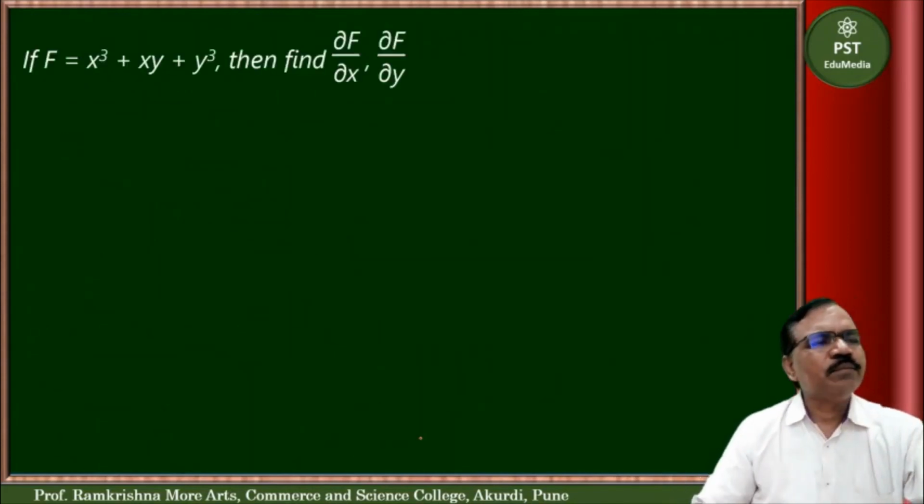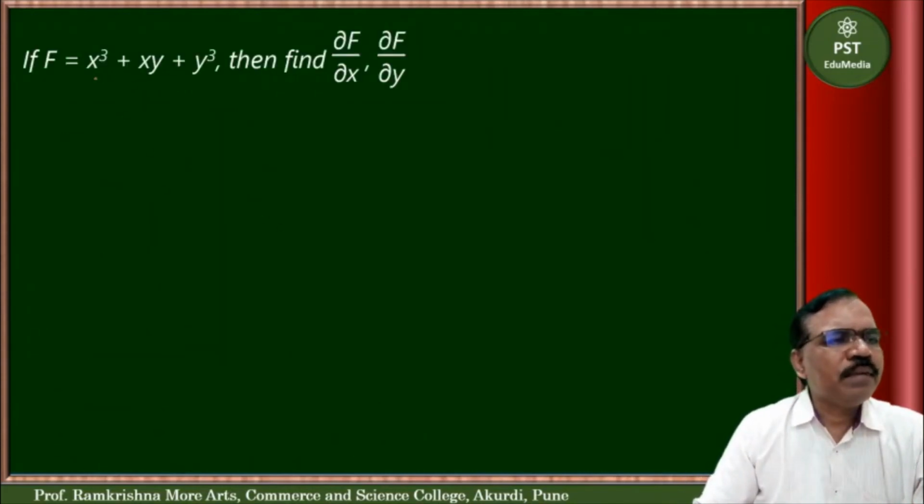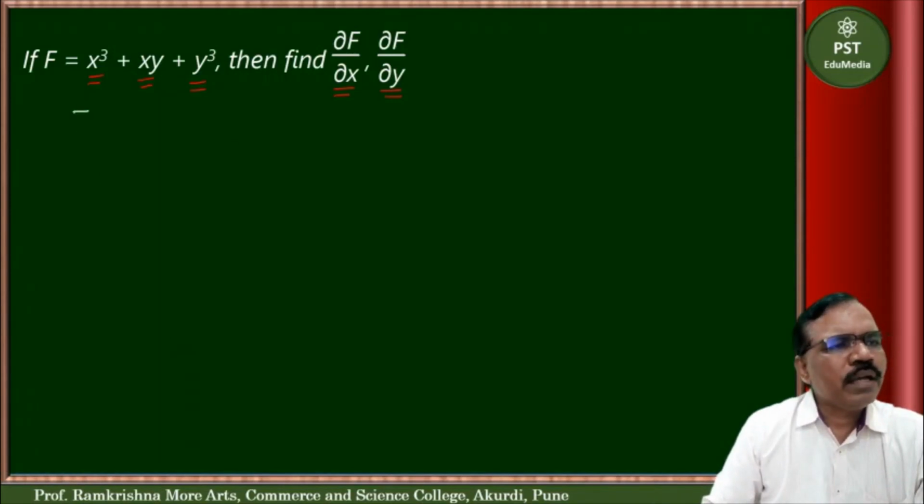Now let us take a simple example. If f is equal to x cube plus xy plus y cube, then find dabba f by dabba x and dabba f by dabba y. First we will find dabba f by dabba x. So here we have f is equal to x cube plus xy plus y cube.